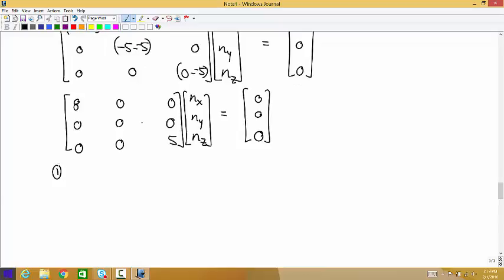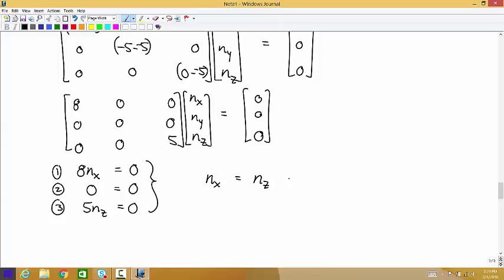So the three equations that you get from this are 8nx equals 0, 0 equals 0, and 5nz equals 0. And so the requirements say that nx is equal to nz is equal to 0.